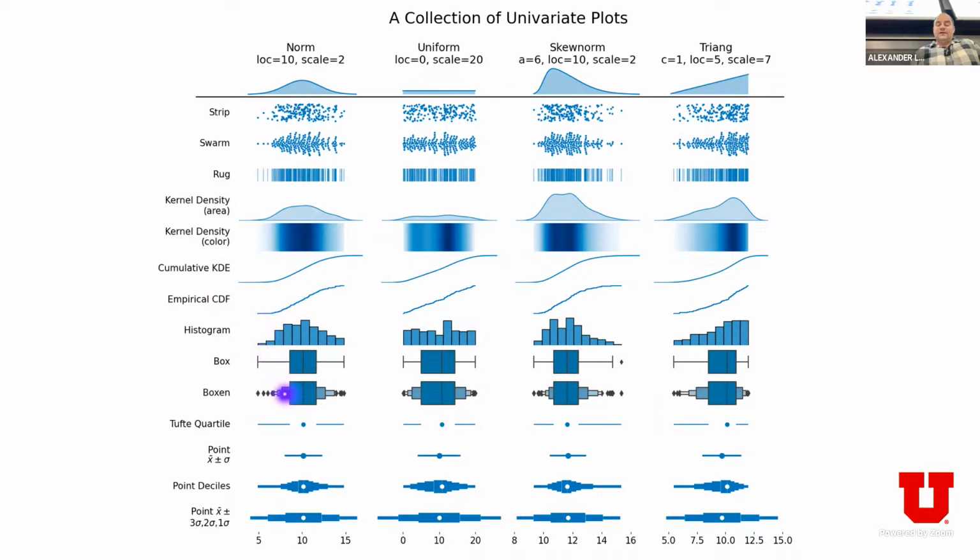Histograms, box plots, boxen plots, which is just a variety with more statistical nuance to it, I guess. The Tufte quartile plots, which I probably wouldn't use all that much, but these are just variations on essentially a box plot that you could potentially use, and these are all supported by libraries like Seaborn nowadays. So really no excuse to use box plots.